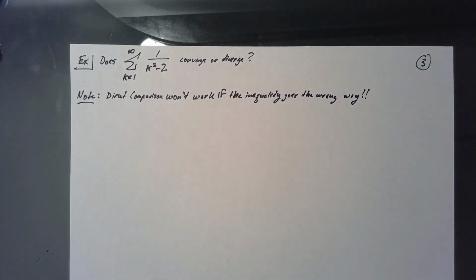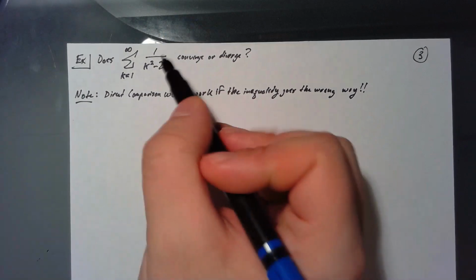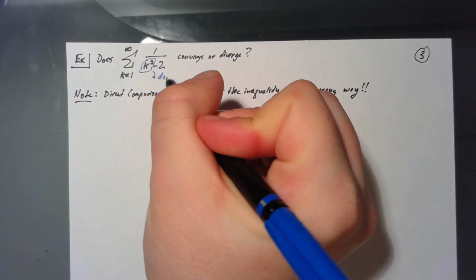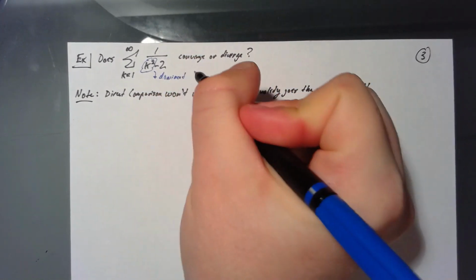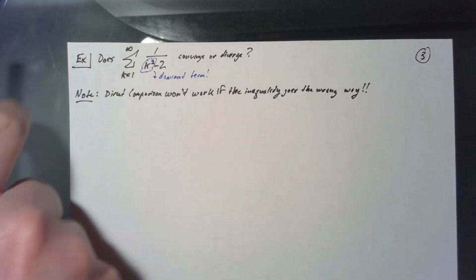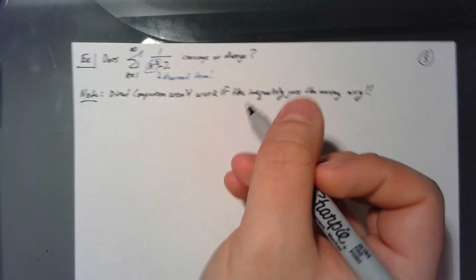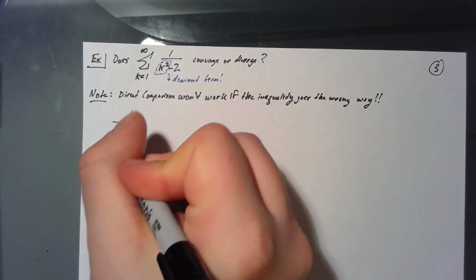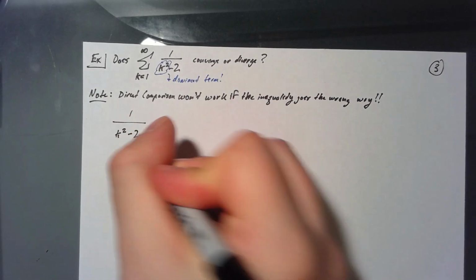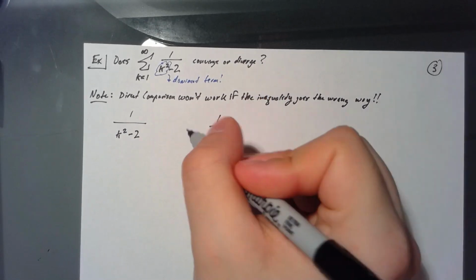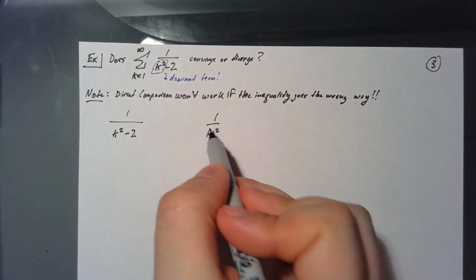What do I mean by that? Well, you'll see what I mean. So, again, what's the dominant term here? Well, obviously it's k squared. So I want to compare this to 1 over k squared somehow, because that's the dominant term. Well, that's not hard, right?